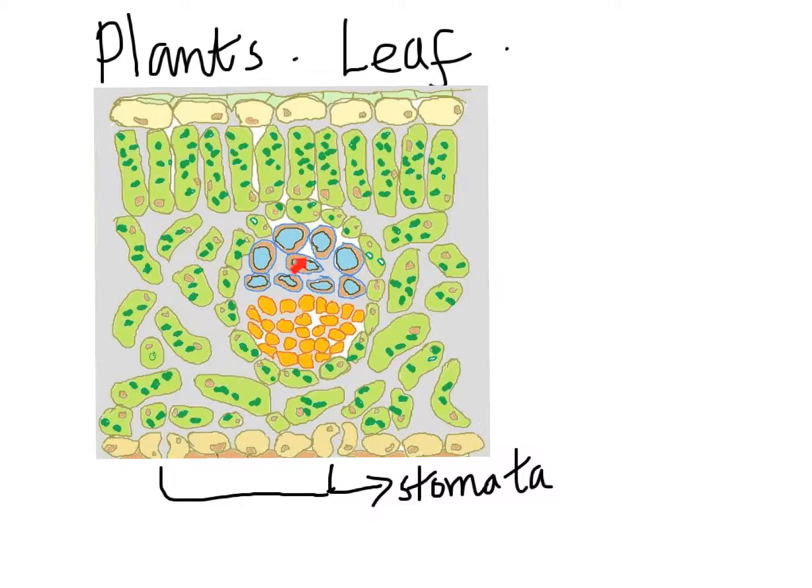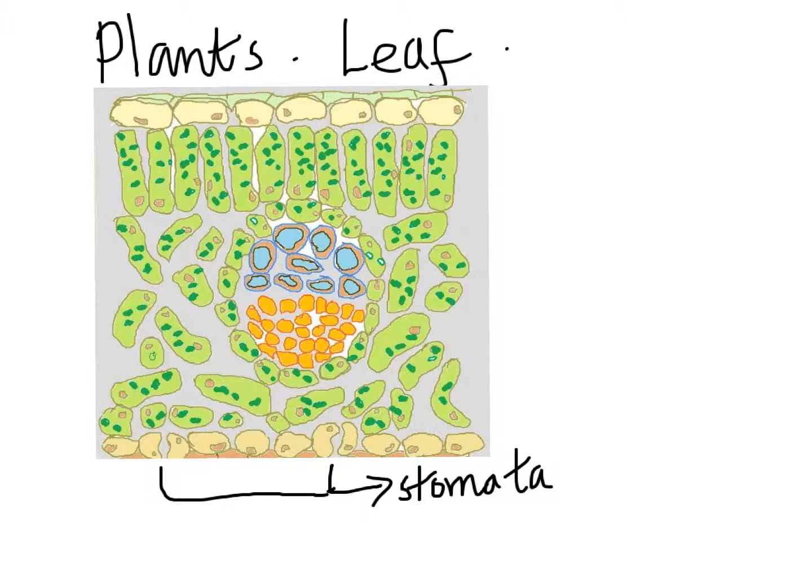You can see the tissues that bring in the water, the xylem, here on the top, and the phloem, which is here, which takes the glucose that's made in the leaf during photosynthesis. But we are now focused on how the gases come in and out, how gas exchange happens efficiently in a leaf. So let's set our focus on that.